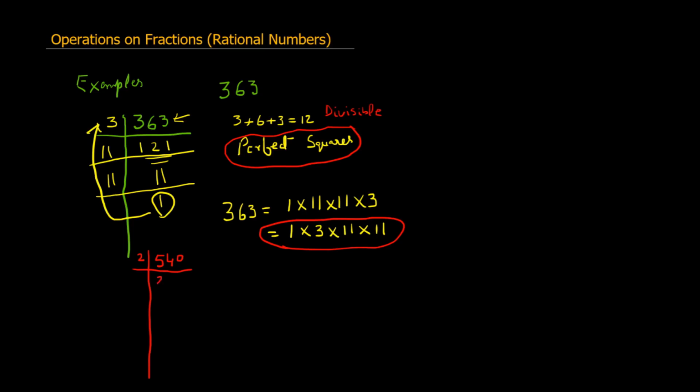So 2 fours are 8, 1 and 4 is 14, 2 sevens are 14, and then 0. Now again it ends in 0, so it is again divisible by 2. We get 135. Now it's not divisible by 2 anymore, because now at the end it is 5.